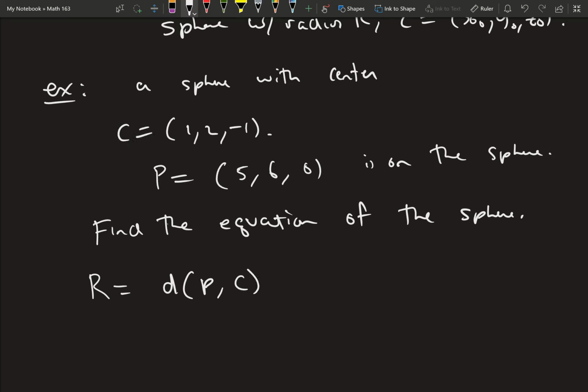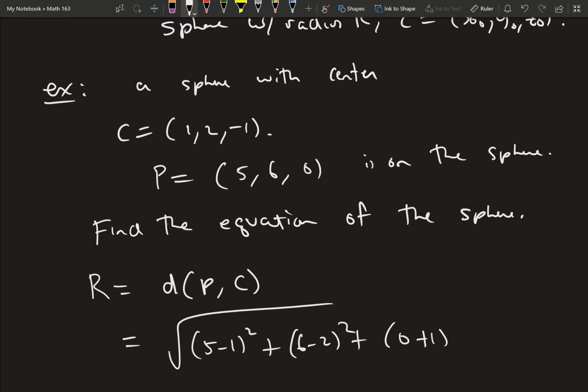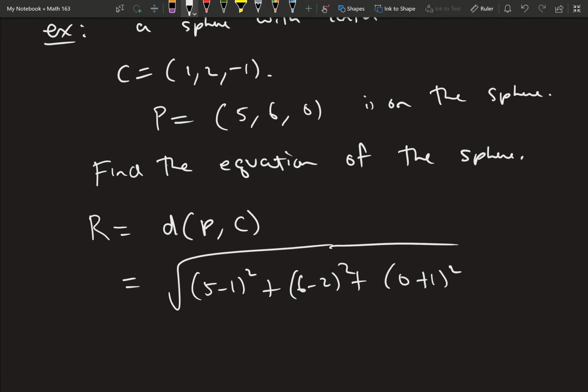So let's call this C, center. What is that? It's the square root of 5 minus 1 squared plus 6 minus 2 squared plus 0 plus 1 squared. Minus 1 gives a plus 1. So we have 4 squared plus 4 squared, 16 plus 16, 32 plus 1. This is the square root of 33.